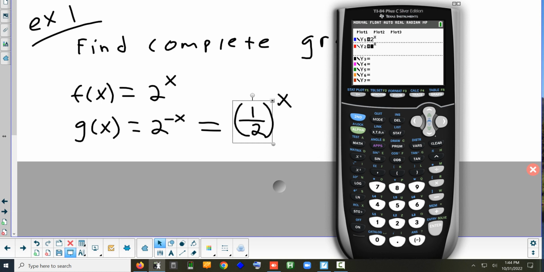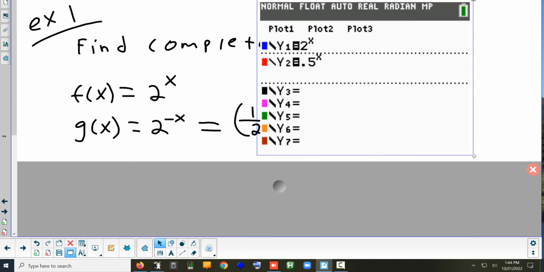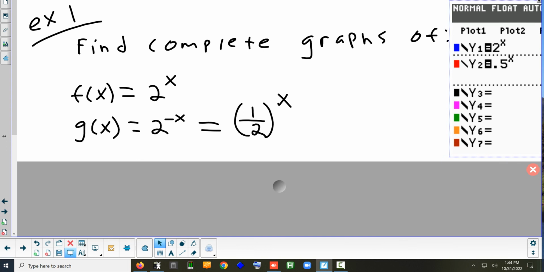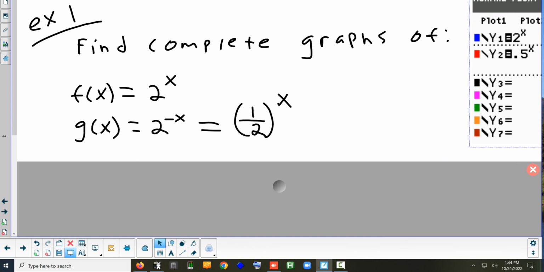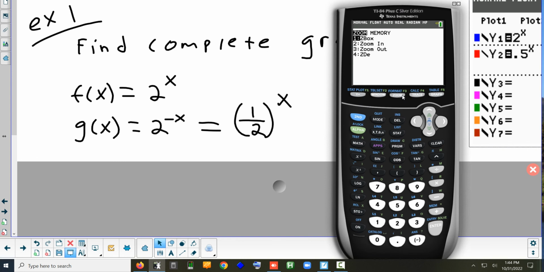Okay, so I'm going to leave 2 to the x on y1. And I'm going to put in 0.5 instead of 1/2 just because I don't want to have to do the parentheses. So 0.5 is the same thing. So type that in. And then hit zoom 6.